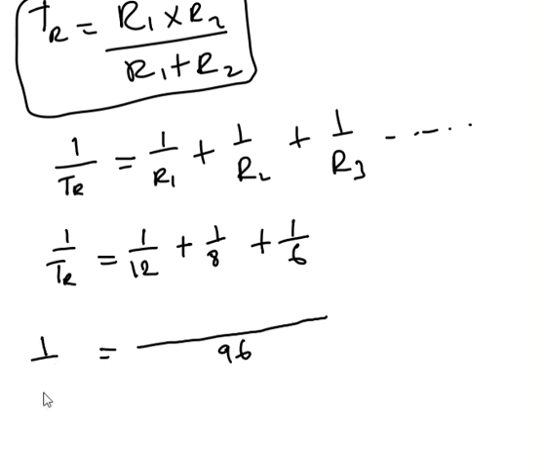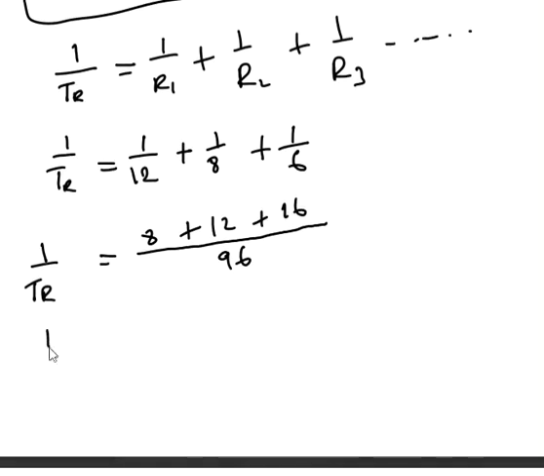You have 1 over total resistance. So 12 alowe mu 96 alipo 8, plus 8 alowe apo alipo 12, plus 6 alowe pa 96 alipo 16. So tingopanga add, tikhala ndi 1 over total resistance is equal to 8 plus 12 plus 16, then we get 36 over 96.